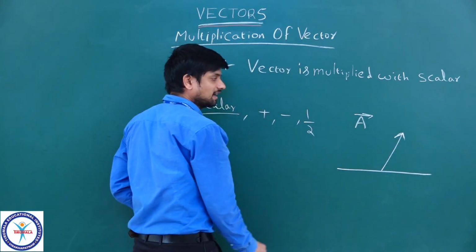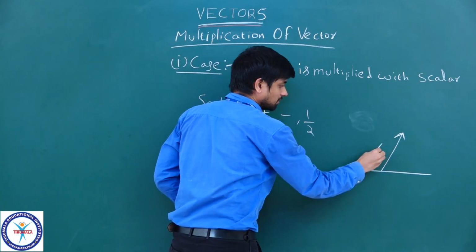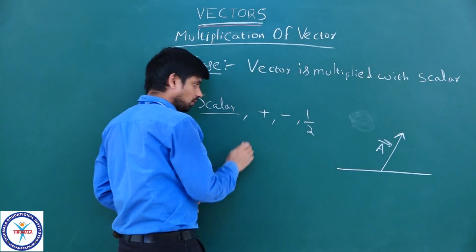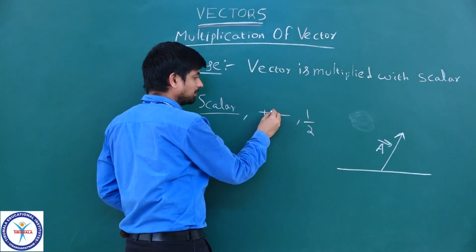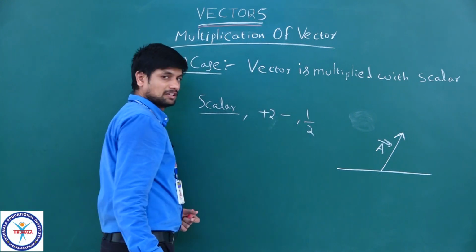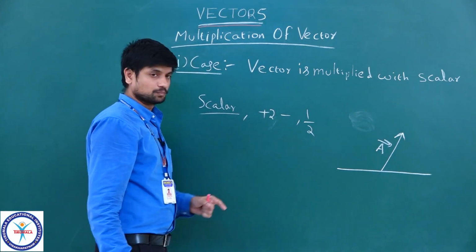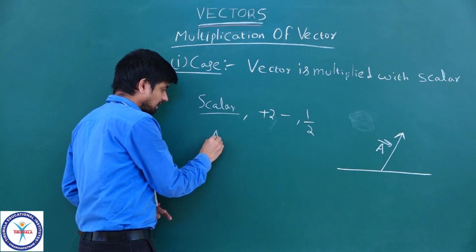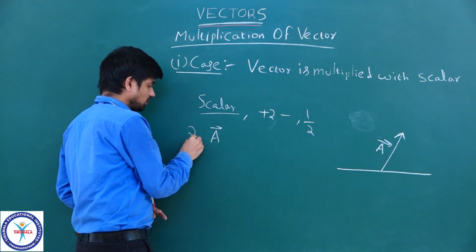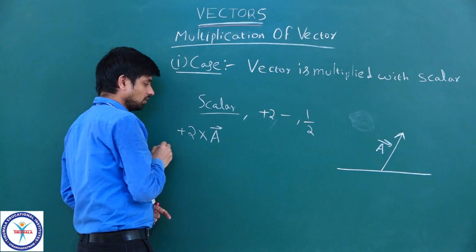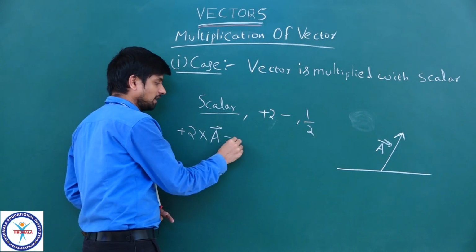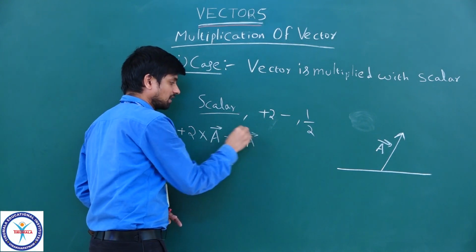That means one vector we have, a bar. I am keeping here a bar. Now, the first case, I am multiplying with plus 2. So, multiply the a bar with plus 2. What do you get? 2a bar.